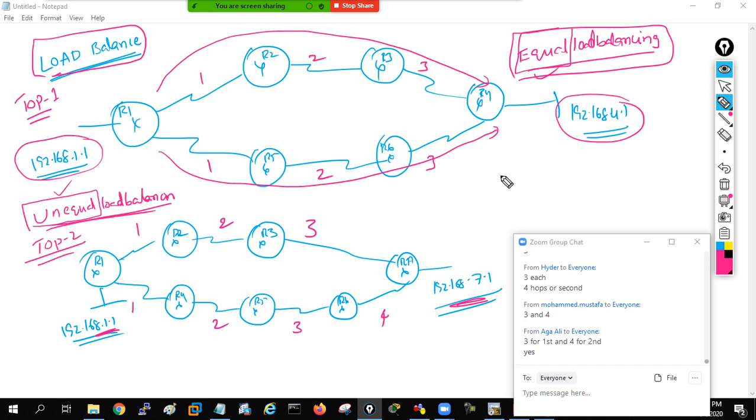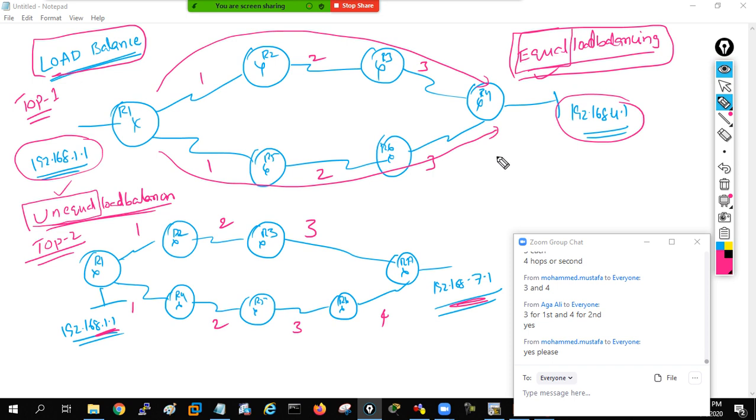Okay, let's see here. Guys, in topology 1, to reach from router 1 to router 4, how many routes are there? Two routes, right? What is the metric? Metric is nothing but hop count. What is the metric for the first route?